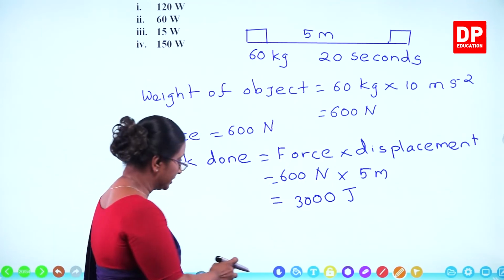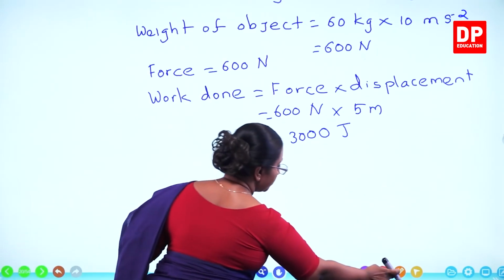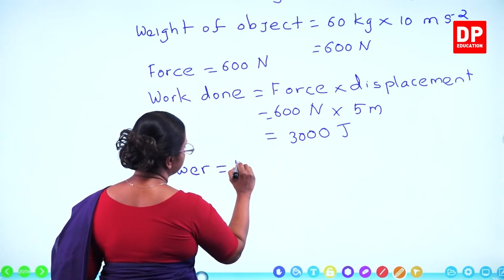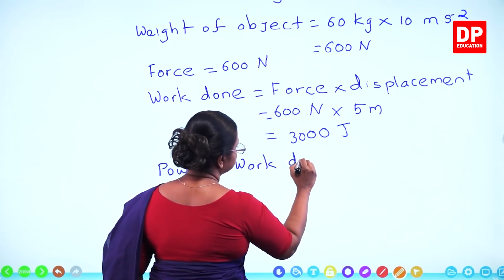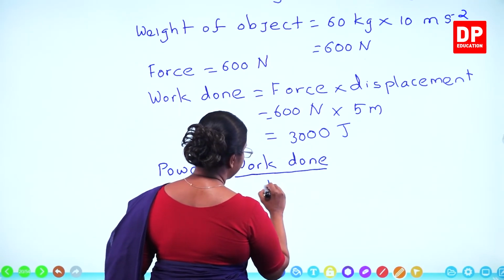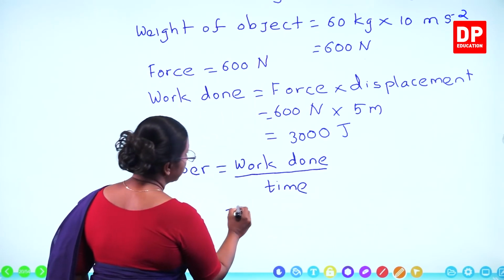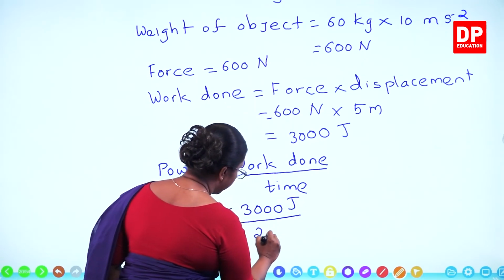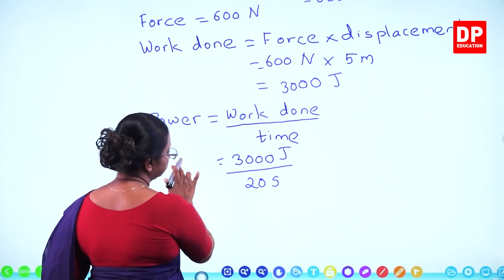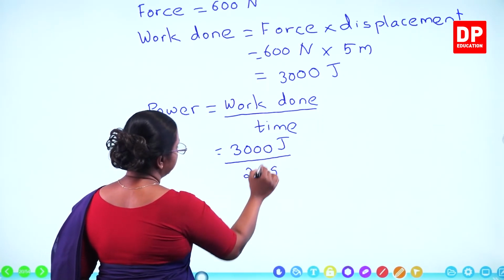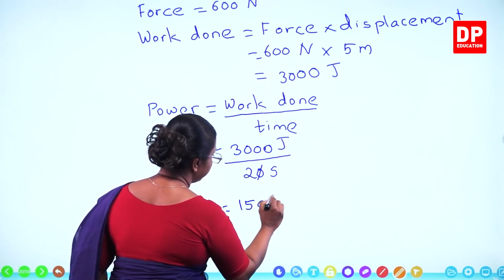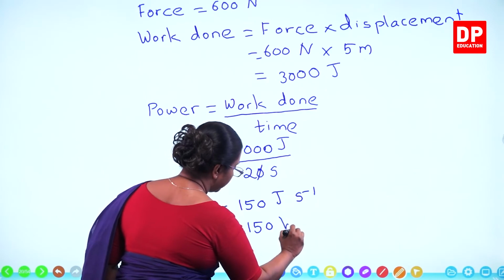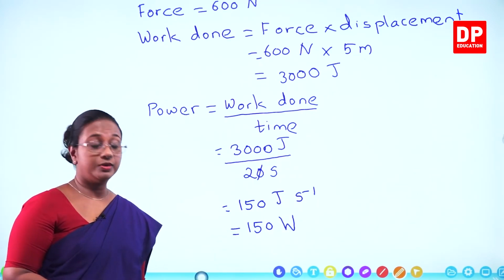Time taken is 20 seconds. So there, power equals work done divided by time. So that is going to be 3000 joules divided by 20 seconds. That will be 150 joule per second, or we can say 150 watts, depending on the unit given to us.